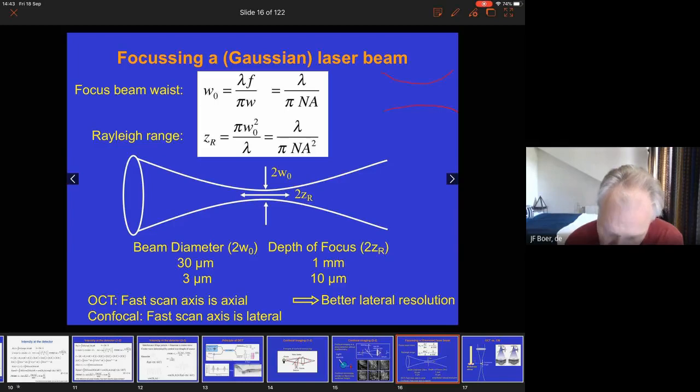This is the full width half max width of the beam, or I can image it with a beam like this, where this area is my beam, a Gaussian beam being focused, and in this case this is my focused beam. Of course, this second beam here has a very tight focus, very small focus.